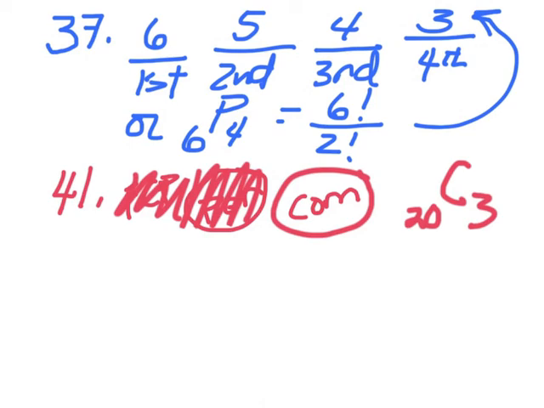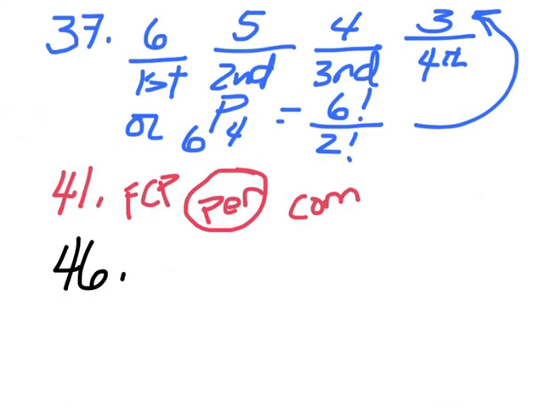So let's try another problem. The one I picked is problem number 46. Problem 46 says, Baskin-Robbins offers 31 flavors of ice cream. One of its items is a bowl consisting of 3 scoops of ice cream, each a different flavor.